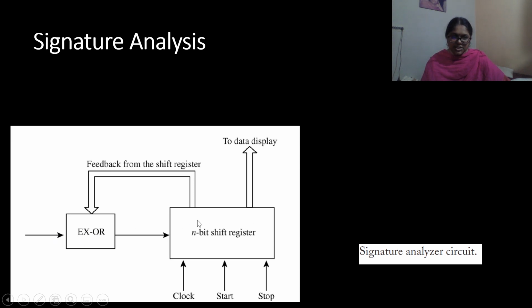Those selected taps will be given as input to the XOR gate, so that this input data and the output of the selected D flip-flop from the shift register will be given to the XOR gate. The output of the XOR gate will be given as input to the shift register. And finally, the signature is generated and analyzed.